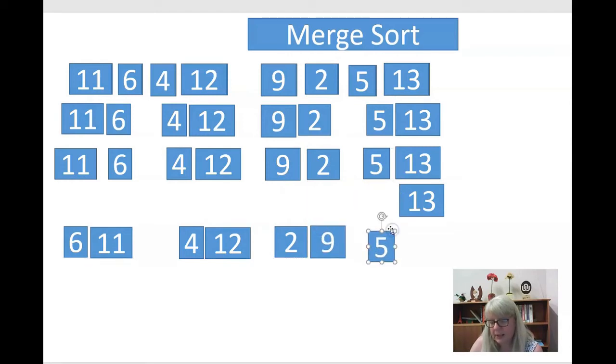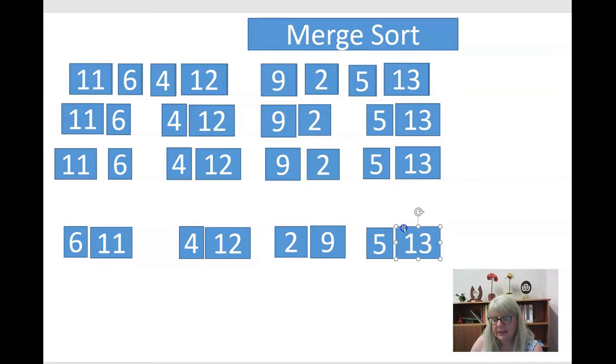Now I have 4 sublists, and the idea is that I can merge the buddies. Which are buddies? Are this one and this one buddies, the 4 and the 12 and the 2 and the 9? No, they are not buddies. They've never been a single list that was divided. The 6 11 list is the buddy of the 4 12 list.